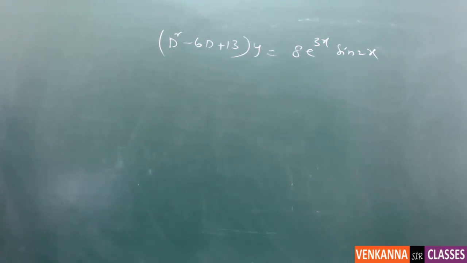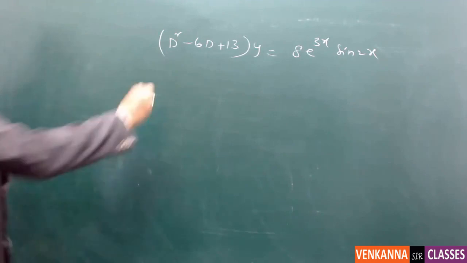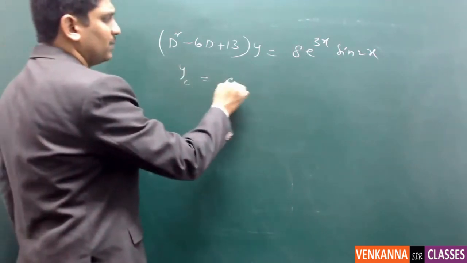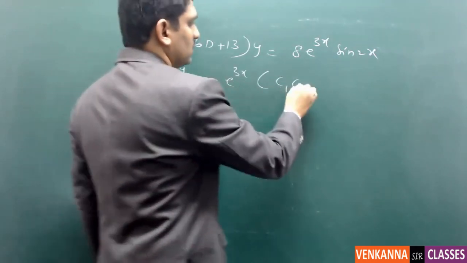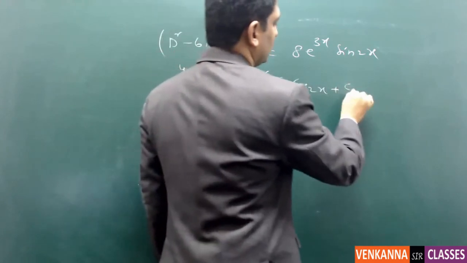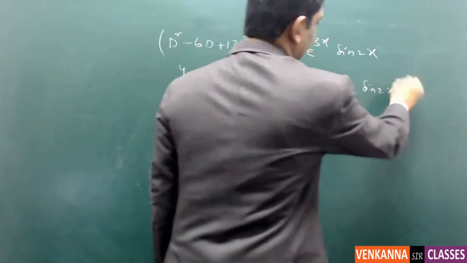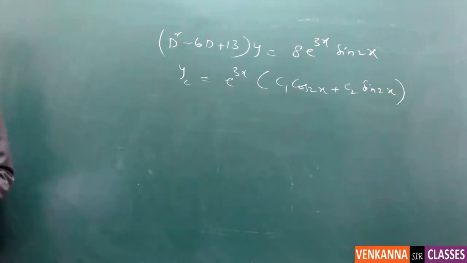YC roots: 3 plus or minus 2i. Right. So YC is nothing but e power 3x into C1 cos 2x plus C2 sin 2x. Any queries with regard to YC?